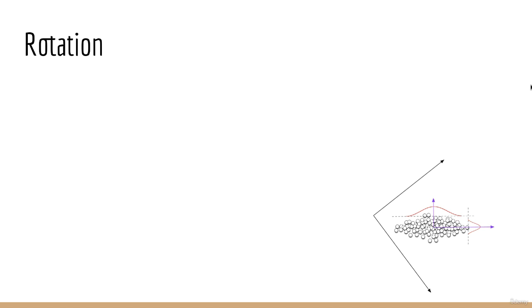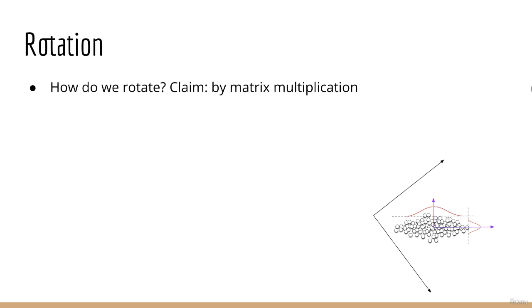So earlier in this lecture, I talked about rotating the height and weight variables so that they live on new axes. But how do we rotate feature vectors mathematically? I claim that the mechanism to rotate vectors is by doing matrix multiplication. So why does this make sense? Well, I encourage you to try it yourself. Make up any vector and make up any matrix.